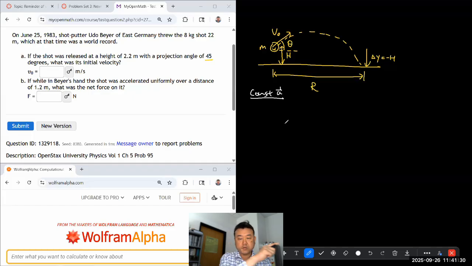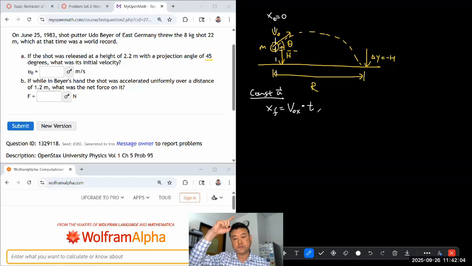In the horizontal direction for projectile motion, it's really simple. The horizontal distance it travels, let me put my x initial equal to 0 here, that'll make things simpler. So the distance it travels is the horizontal component of the initial velocity times the amount of time. And usually you get the time information from the vertical component of the motion. So let me write those out.